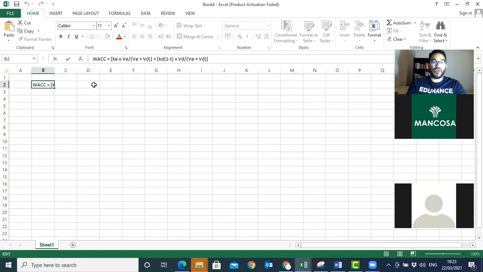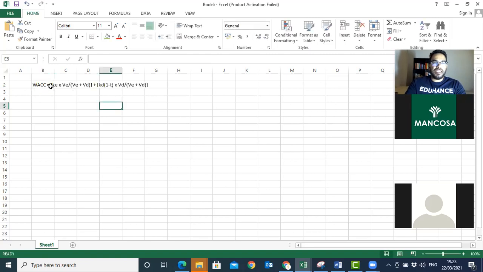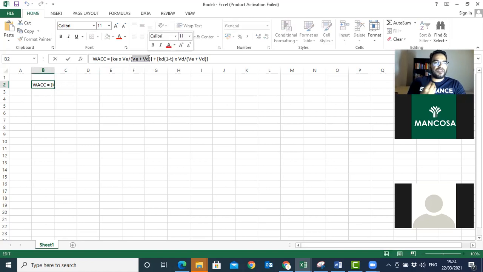Third, it is the weighting. So as we can see from this calculation, value of equity plus value of debt, that represents the total sources of finance. That represents our total capital structure, which is our total long-term source of finance.